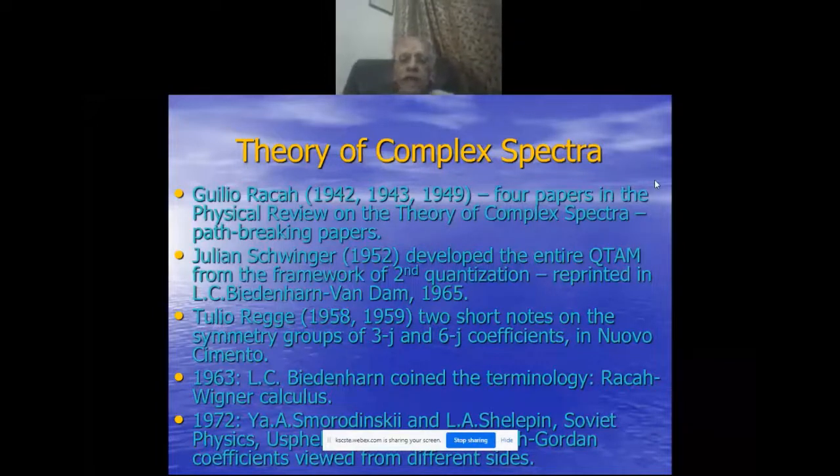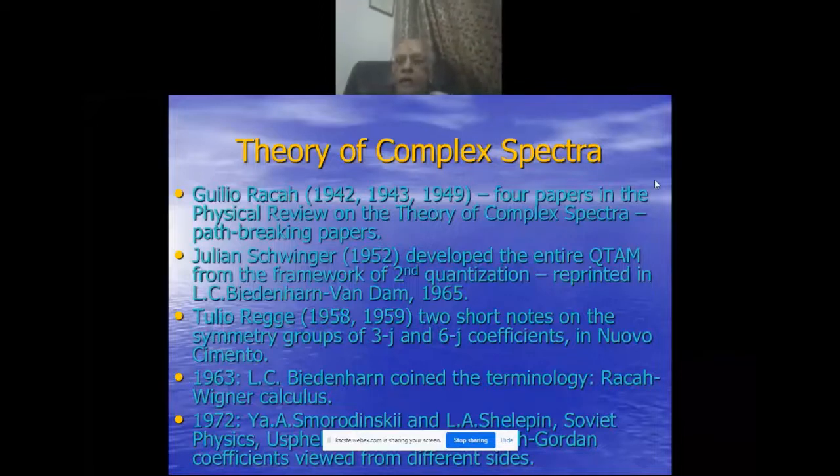And in my opinion, the best paper which I came across was around 1972 by academicians Ottinsky and his collaborator Shelepin, in a journal called Soviet Physics Journal, Uzbek, entitled Clebsch-Gordan Coefficients Viewed from Different Sides.